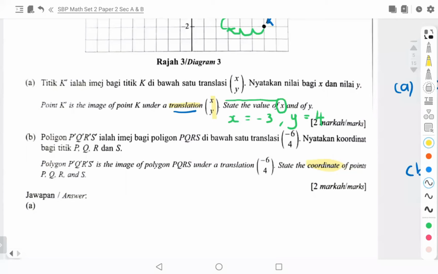So when you want to move, the movement is reverse. If it's -6, you have to move to the right 6 units. +4, you have to move down 4 units, because we have the image. Now we want to find back the object. That's why we need to reverse.